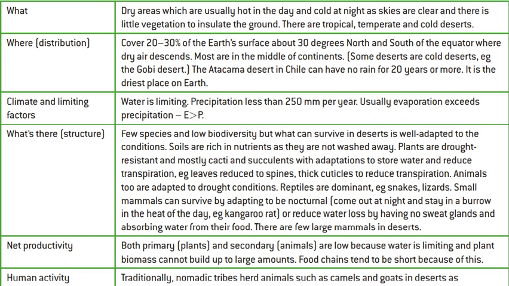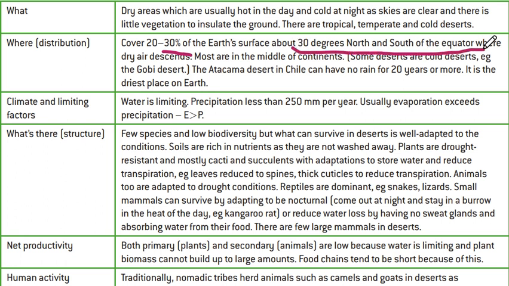Then we have, where are they found? They are found in 20 to 30% of the Earth's surface, about 30 degrees north and south of the equator, where dry air is available. So I would say most of it is in the middle of the continents.